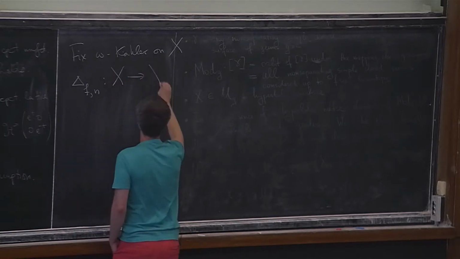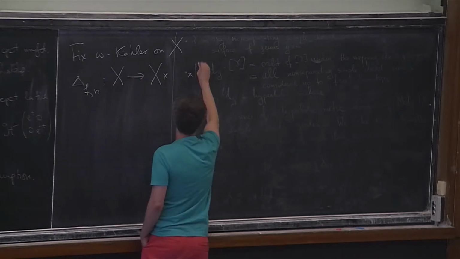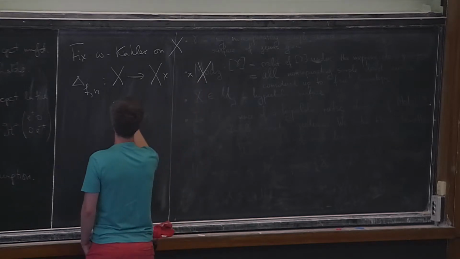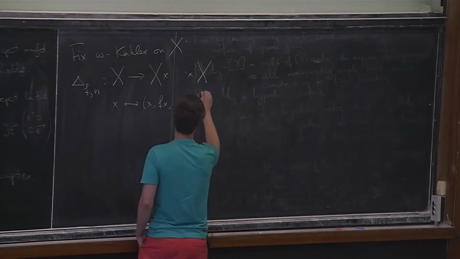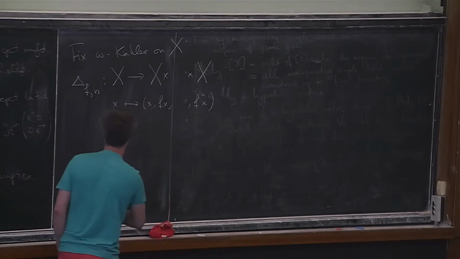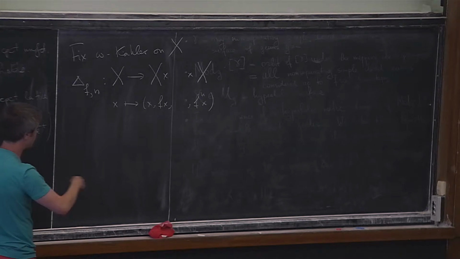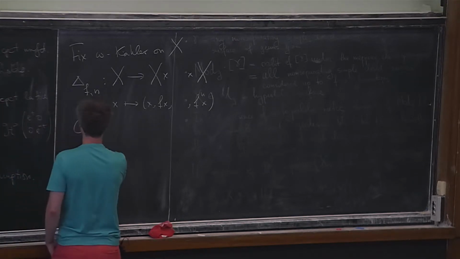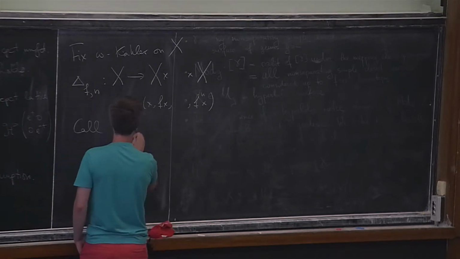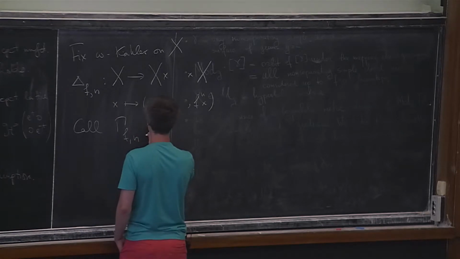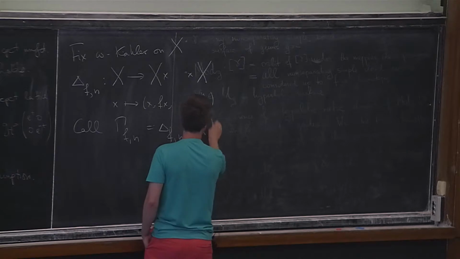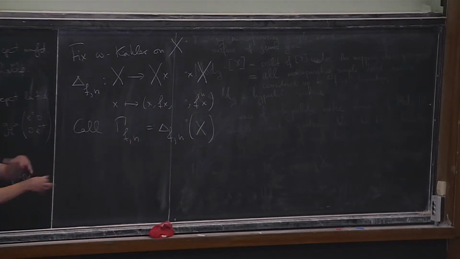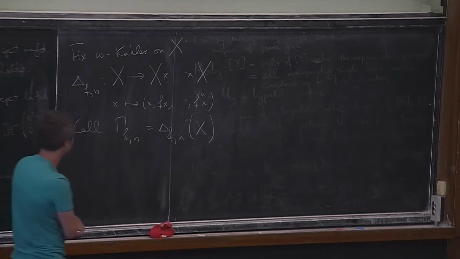We're going to embed X into n plus 1 copies of X, where little x goes to little x, then f of x, and then up to f to the n of x. So we keep track of the dynamics, and we call Gamma(f^n) the graph, the image of this map. So it's still X, but we've embedded it in this very curly way inside the product with itself.